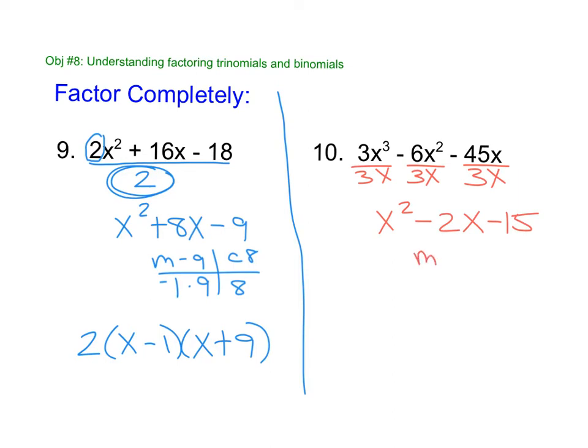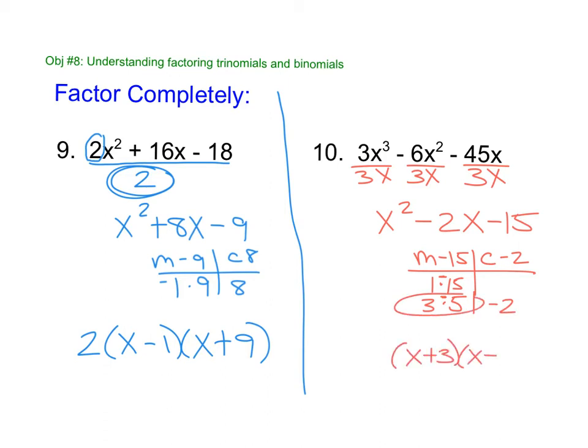We're multiplying to -15, combining to -2. 1 times 15, 2 doesn't work, 3 and 5. It's 3 and 5. I'm multiplying to a negative, so the bigger number needs to be negative since we're combining to a negative. That gives me a -2. So we get x plus 3, x minus 5.